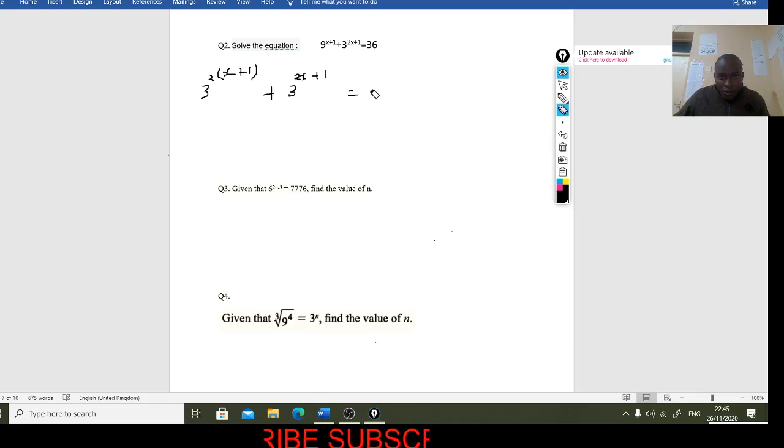Now what you do here, you open that bracket. 3 power 2x plus 2, 2 times x is 2x plus 2, then plus 3 power 2x plus 1 equals to 36.